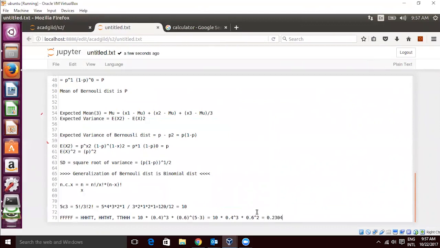So the probability of getting 3 heads out of 5 trials is about 0.23.